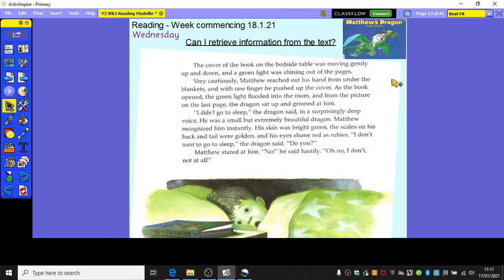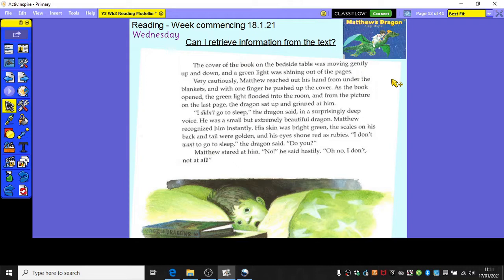Let's read the text. The cover of the book on the bedside table was moving gently up and down, and a green light was shining out of the pages. Very cautiously, Matthew reached out his hand from under the blankets, and with one finger he pushed up the cover. As the book opened, the green light flooded into the room, and from the picture on the last page, the dragon sat up and grinned at him.